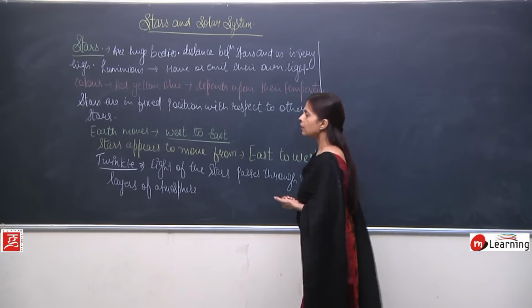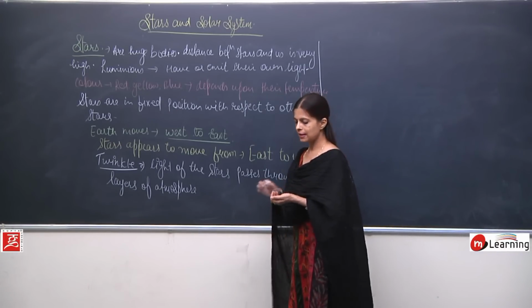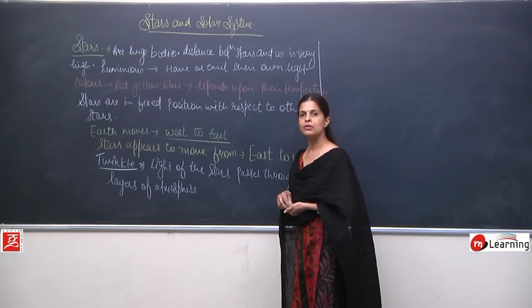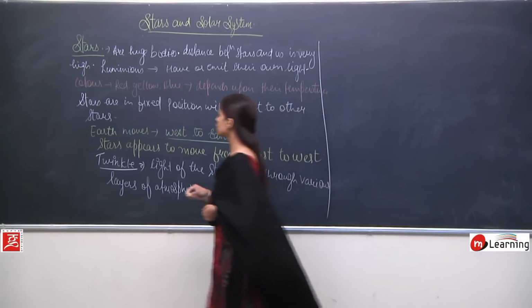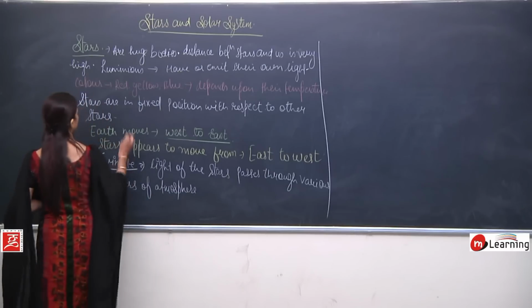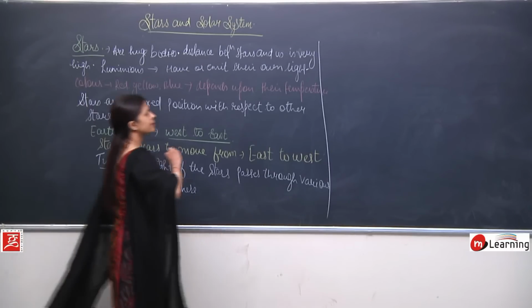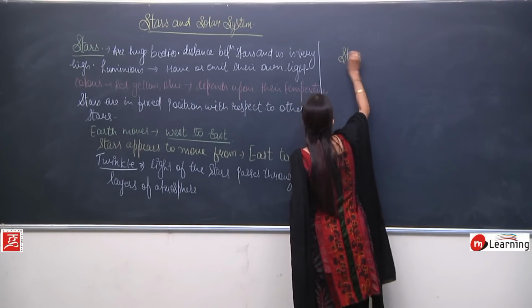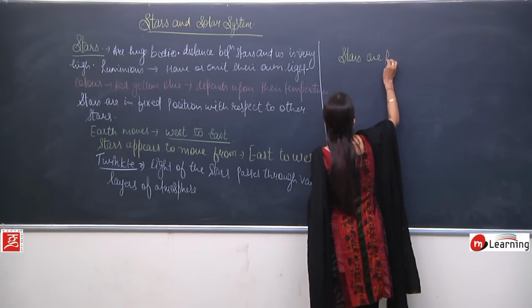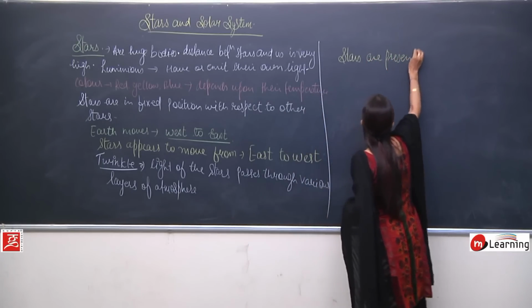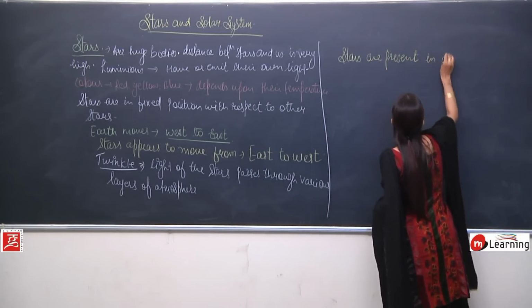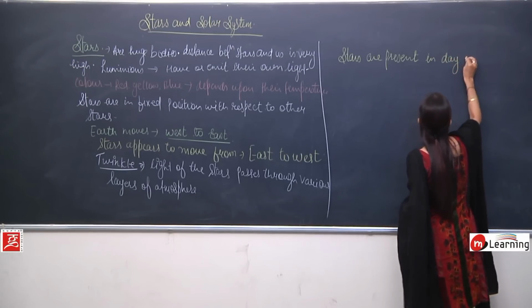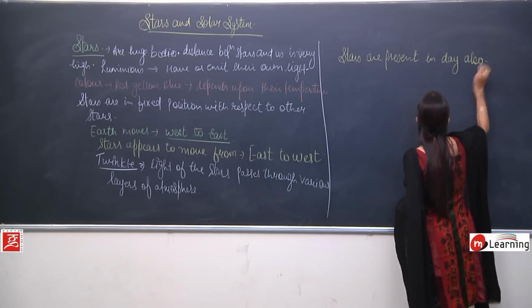Now, one more thing which I have discussed: do these stars go somewhere in the day? No. Stars are present in the day also. But why can we not see them?